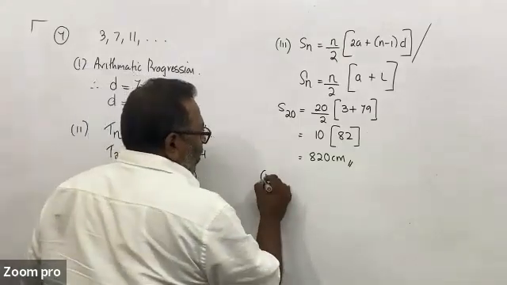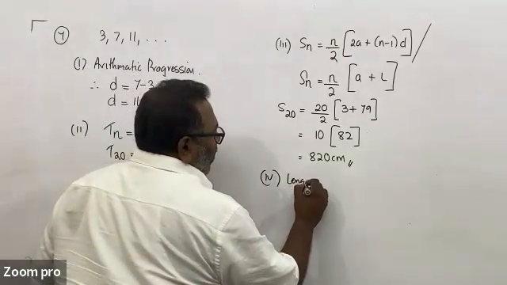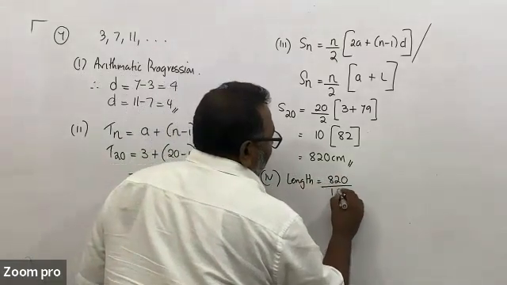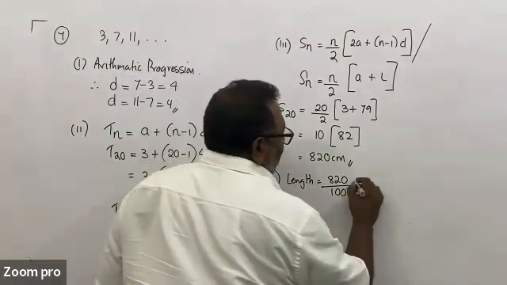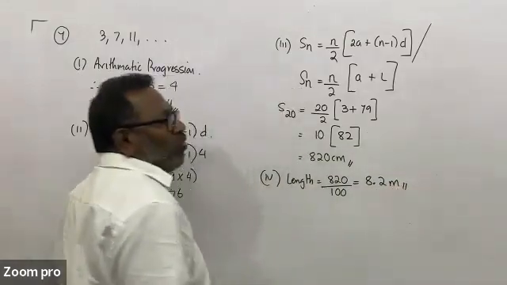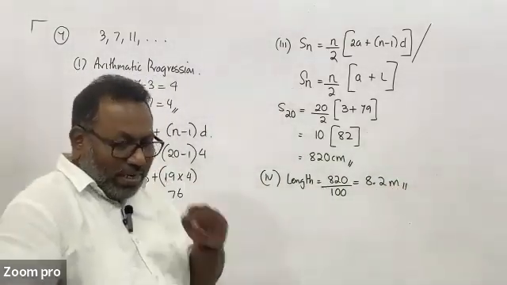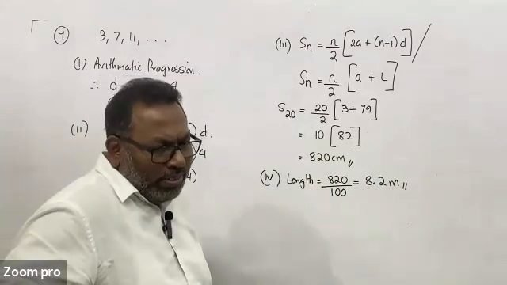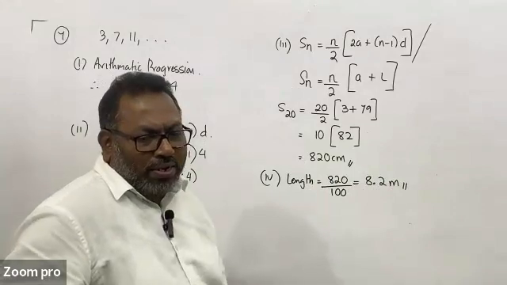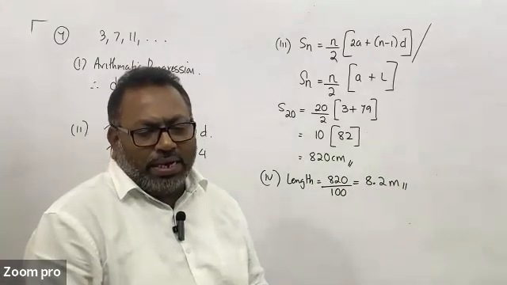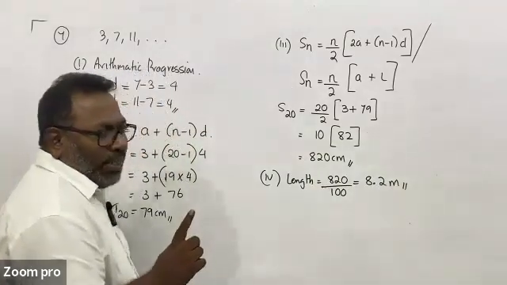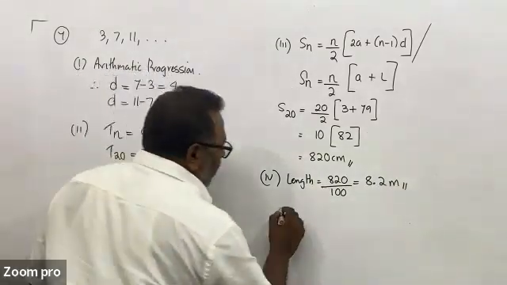Question number 4. Length is equal to 820 divided by 100. You have 8.2 meters. Got it? 8.2 meters. Then they're saying each meter is 80 rupees.